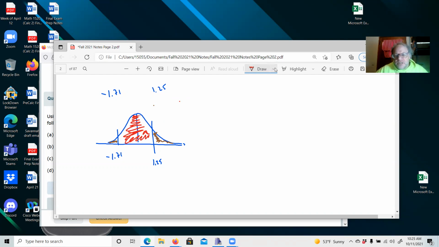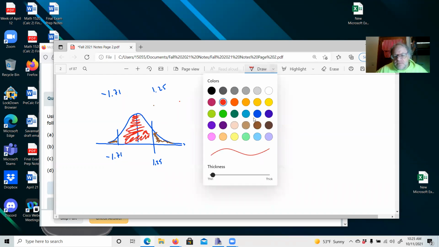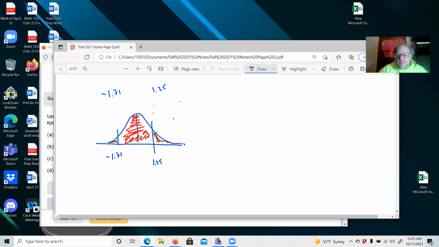So what we're going to do, all right, is we're going to figure out, well, what's this area? What's the red area? The brown plus the red has got to be, right? It's all got to be equal to 1, doesn't it? So what we're going to do is we're going to say 1 minus the red area. Okay, and that's going to give us the brown areas.